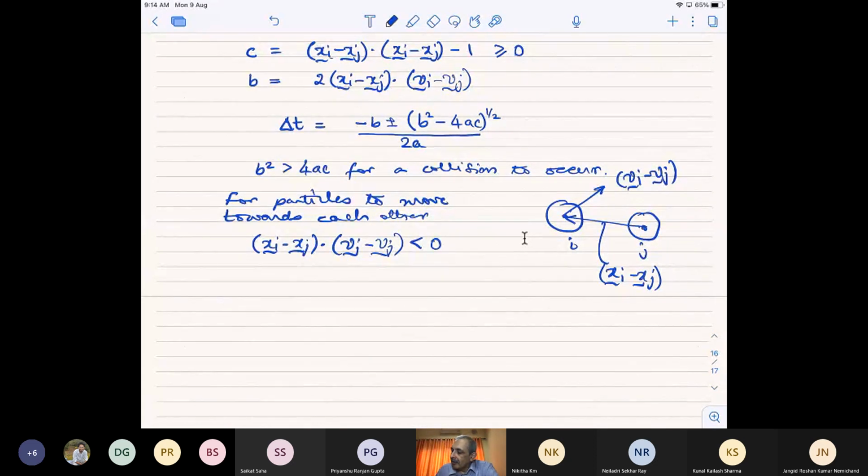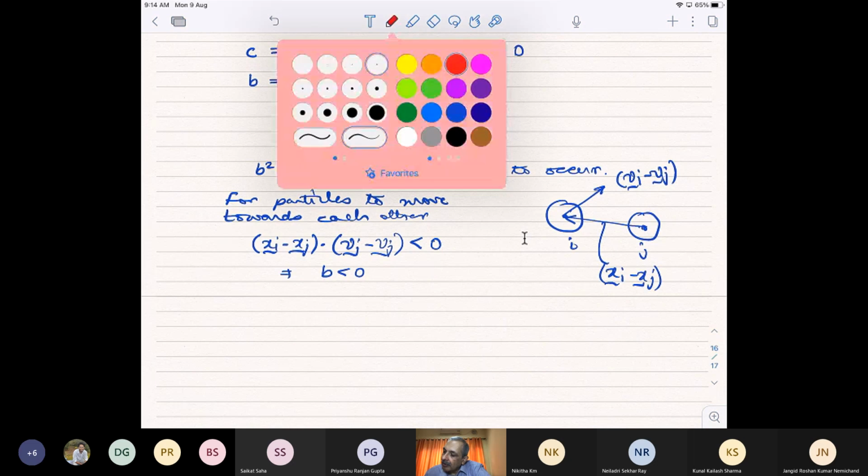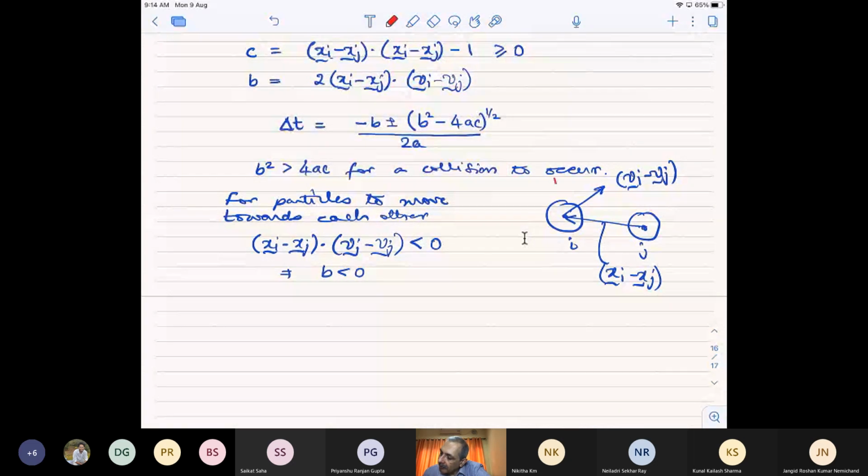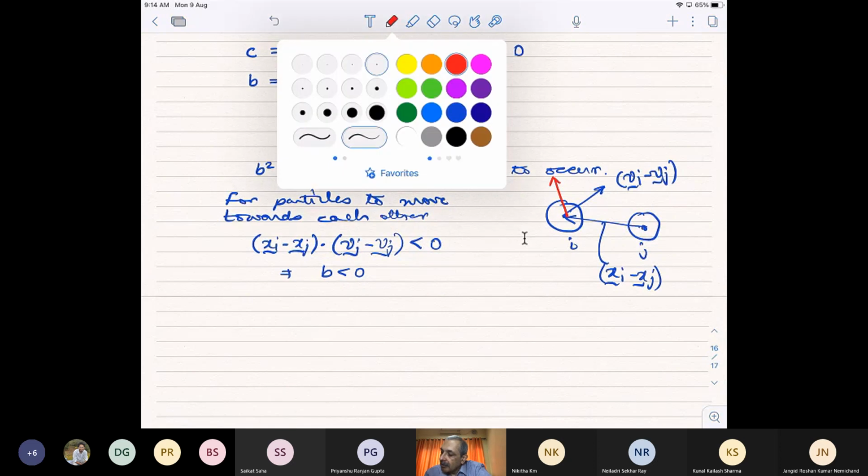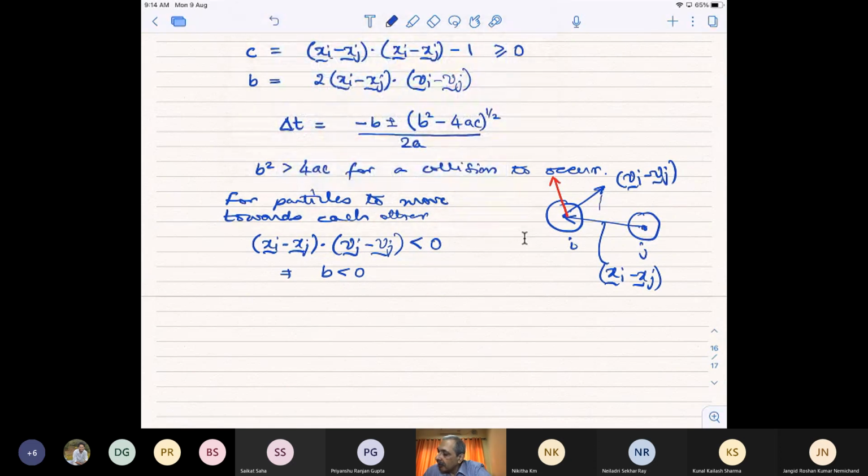So that means b must be negative. If b is positive, then your velocity vector is pointing like this. And when you take the dot product, you are essentially taking the projection of this vector, the component in the direction along the line joining the centers.